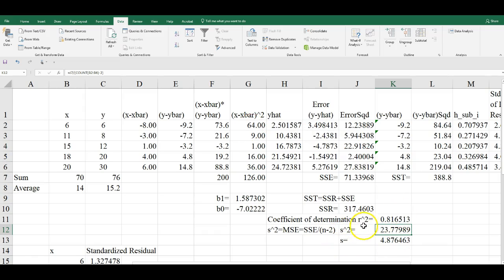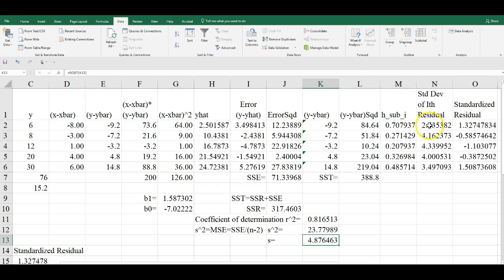So this is our sum of square error, and taking the square root of that then gives us S. This is the sample standard deviation. That's important because that's going to be used later in our calculations.